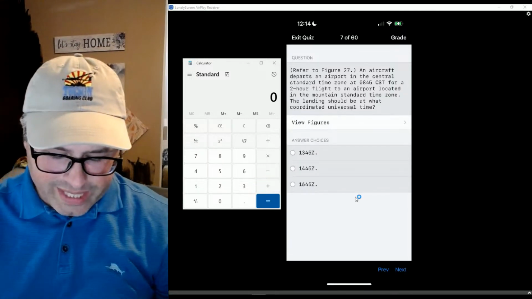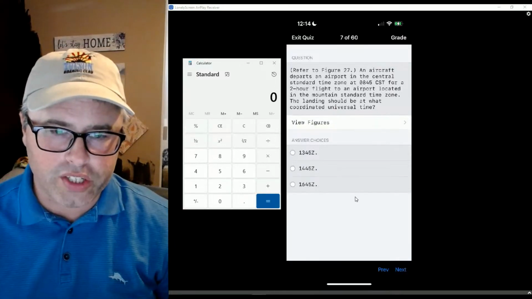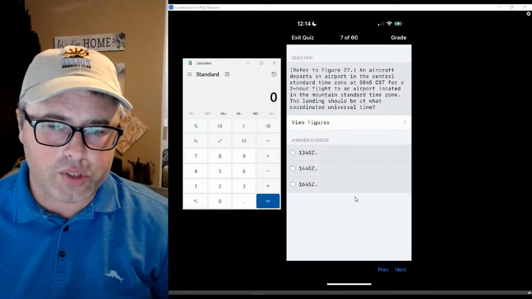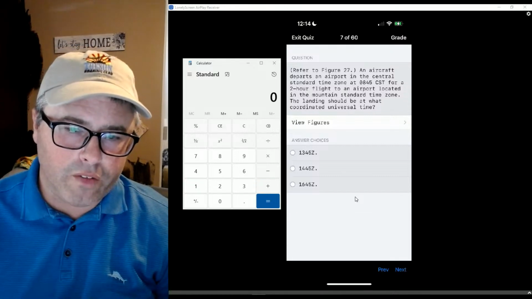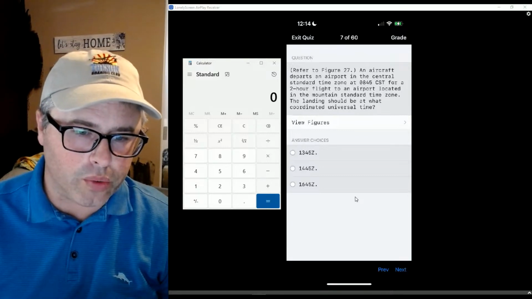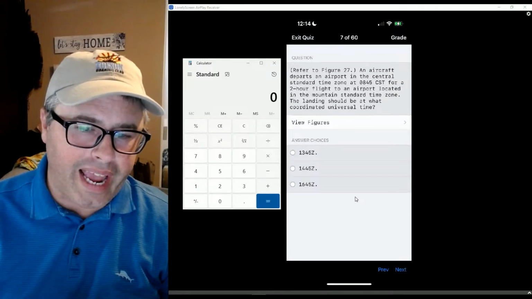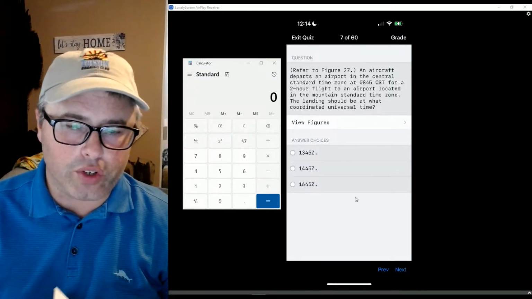Refer to figure 27. An aircraft departs an airport in the Central Standard Time Zone at 08:45 Central Standard Time for a 2-hour flight to an airport located in Mountain Time Zone. The landing should be at what coordinated universal time?